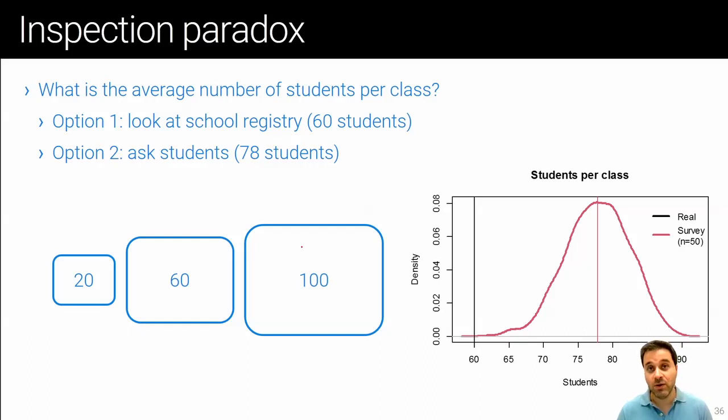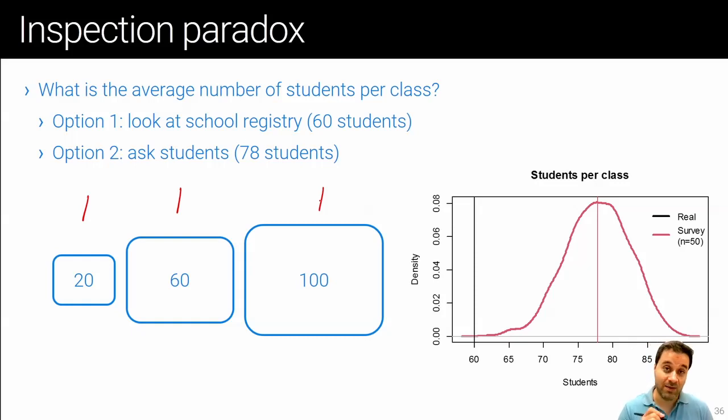Second option is we just wait outside school and ask the students. 78. We have a very clear difference in here, 60 to 78. And the point again is we are not really measuring at the level that we should be measuring, because we should be measuring these 3 numbers, 20, 60, and 100. That's what interests us, the class.